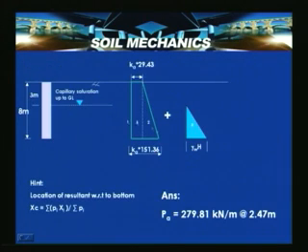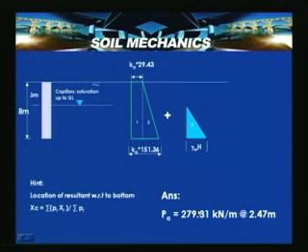Now if you convert that to calculate the lateral thrust, it is Ka into 29.43, because Ka is obtained for the soil, and this particular portion of the water induces hydrostatic pressure on the wall. That is gamma W H, where H is equal to 5 meters. With that, PA is now 279.81 kN per meter.